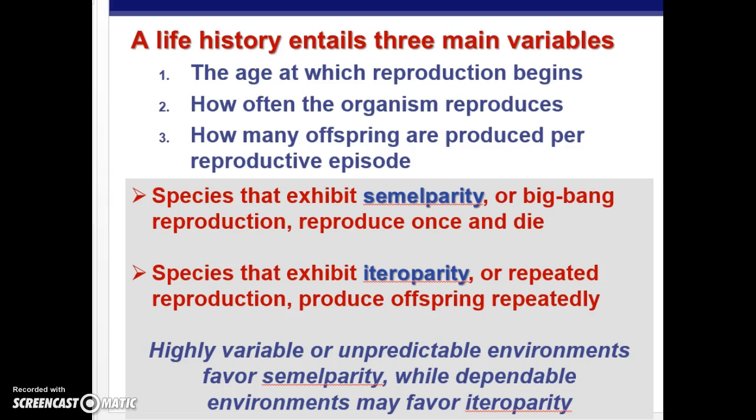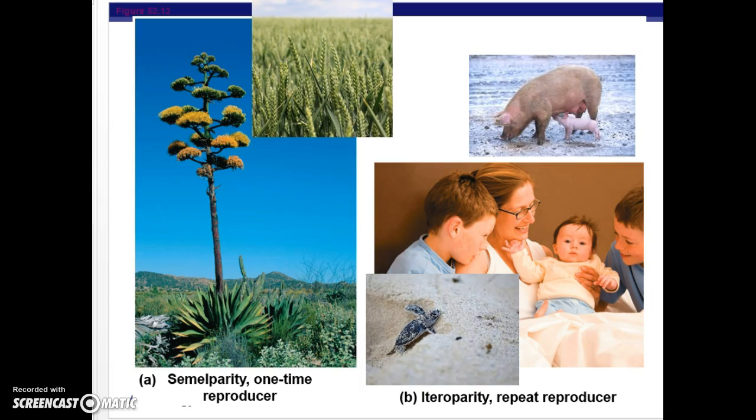But if you have a very stable environment that is dependable, that doesn't have a lot of change from year to year, that type of environment is going to favor iteroparity. So these are just some examples of the one-time versus repeat production.